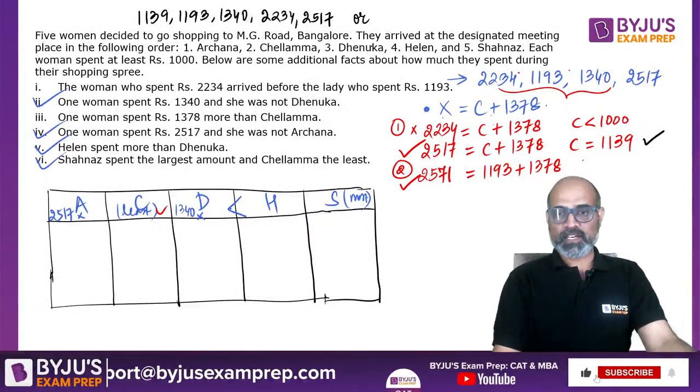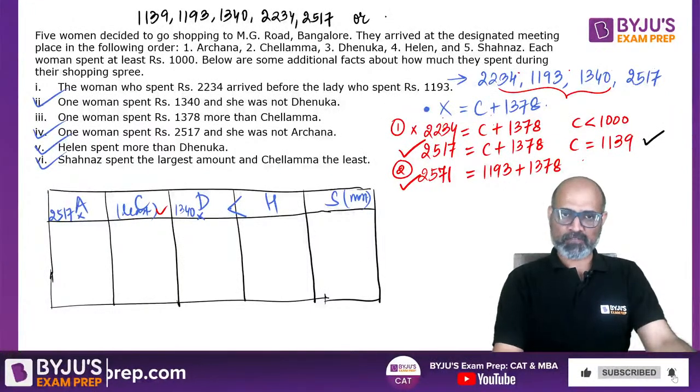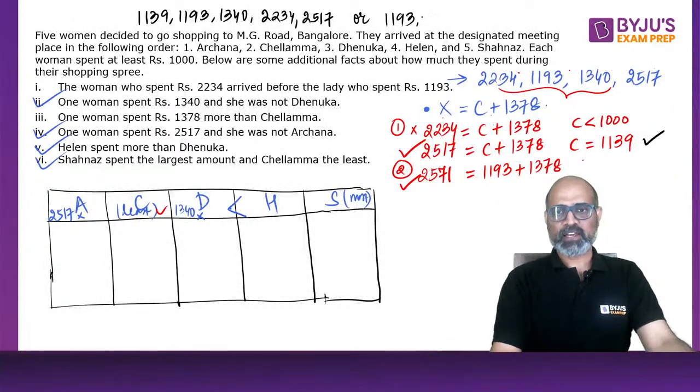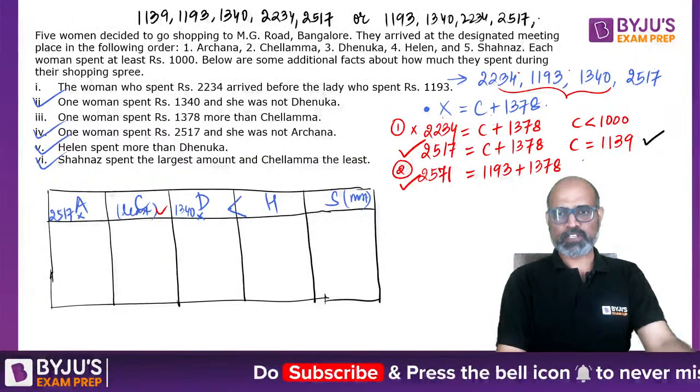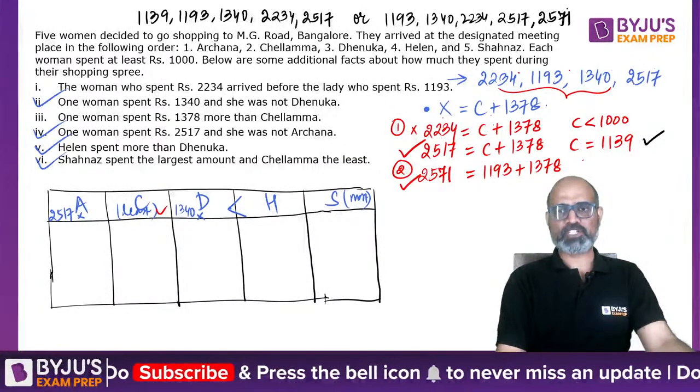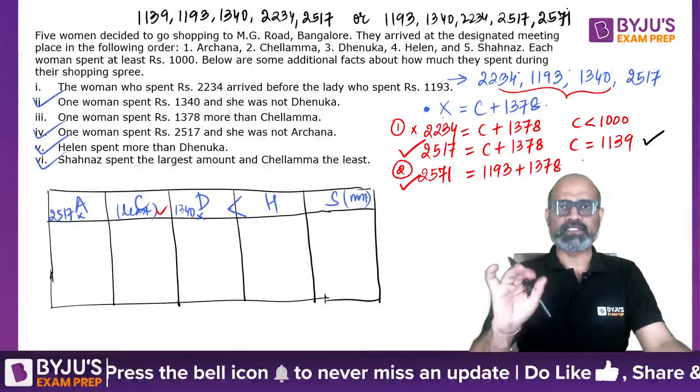The other possibility that we have is 1193 is the smallest amount, the one that is already given, and the other values are 1340, 2234, 2517 will come first, and 2571. So I have made sure to write the amounts in ascending order.